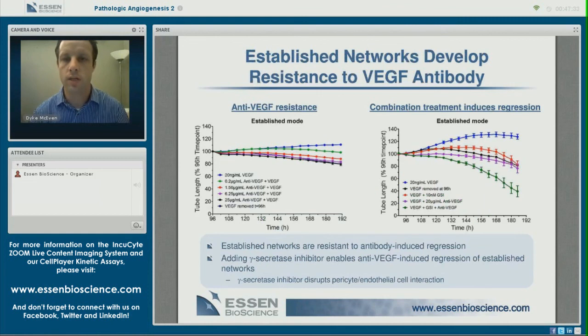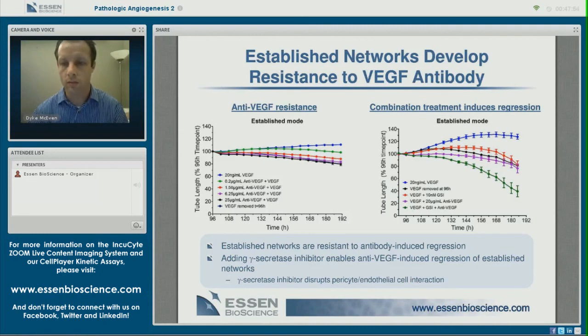So the next question is, can we restore sensitivity of these cells to the large biologic anti-VEGF antibody? Again, on the left, reminding you of the insensitivity that develops, and that using an anti-VEGF antibody, we see a small reduction in the ability of this antibody to regress the established networks.